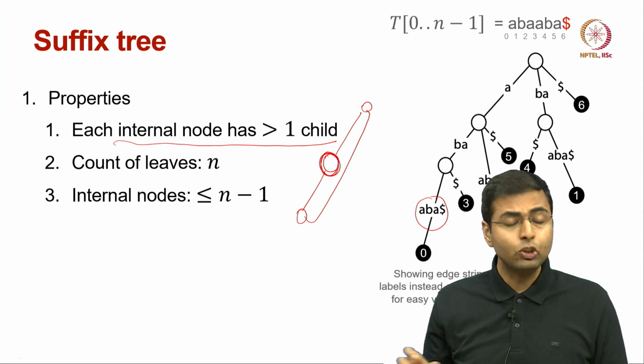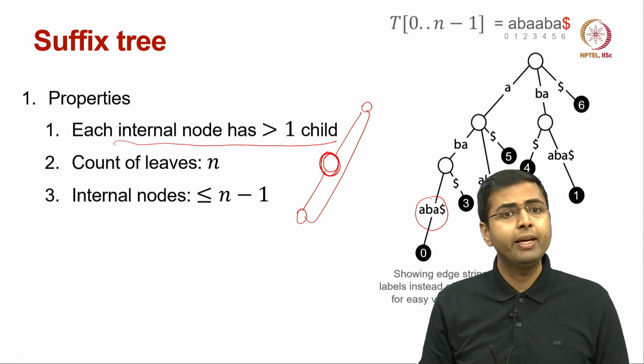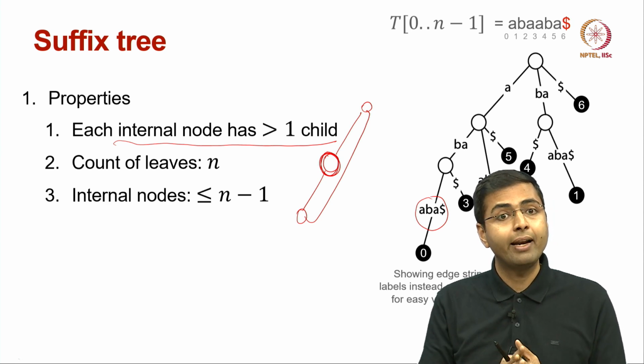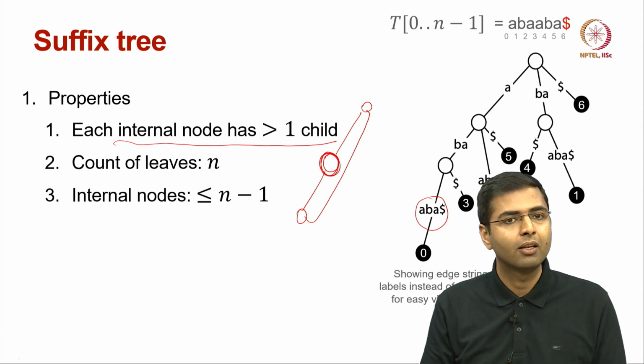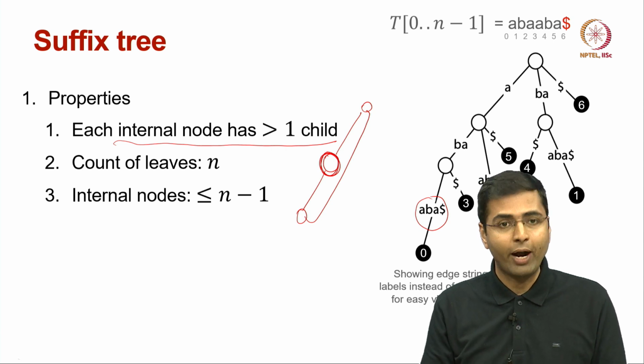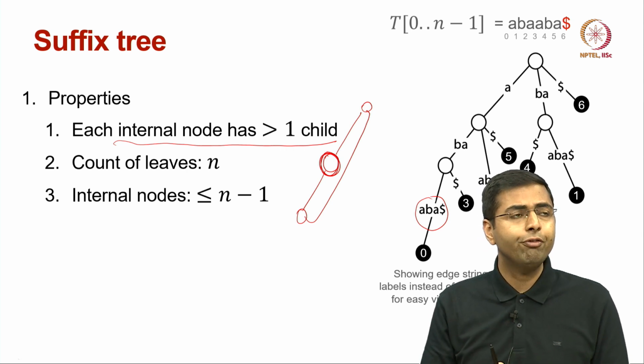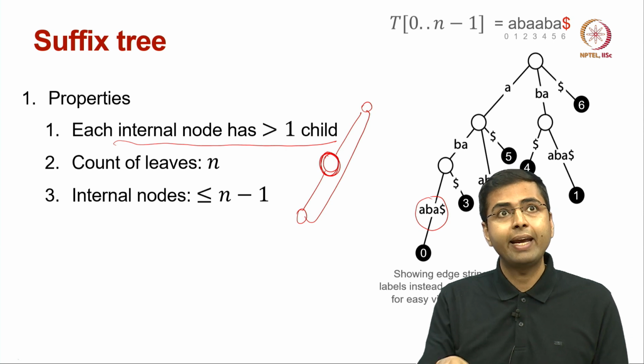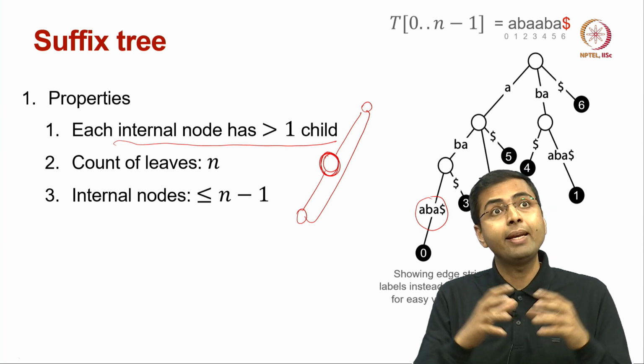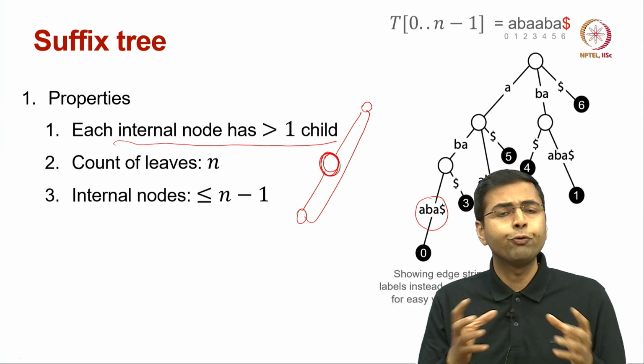Now, these two properties combined, what we get is the number of internal nodes cannot exceed n minus 1. Why? Well, intuitively you can think that I cannot have any situation where the tree has many internal nodes and too few leaves.